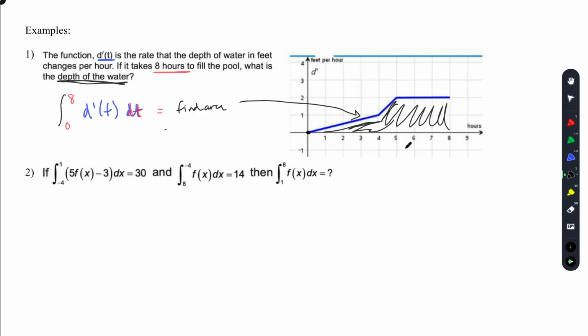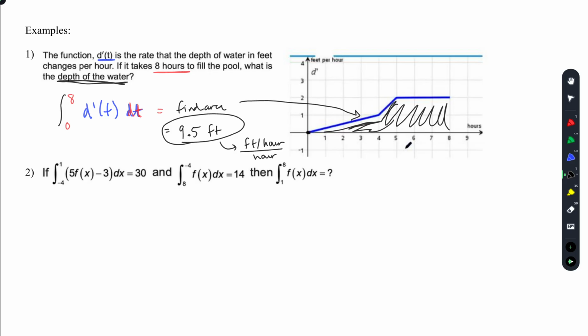You find the area, you get 9.5, and the answer is in feet, because we integrated: feet per hour times hours. That's why it's feet. If you're ever not sure with units, think back to geometry world.